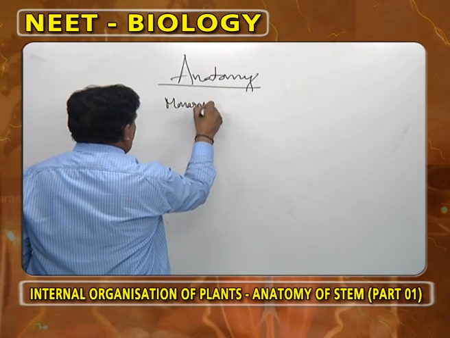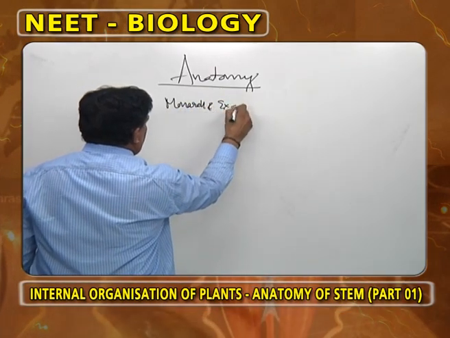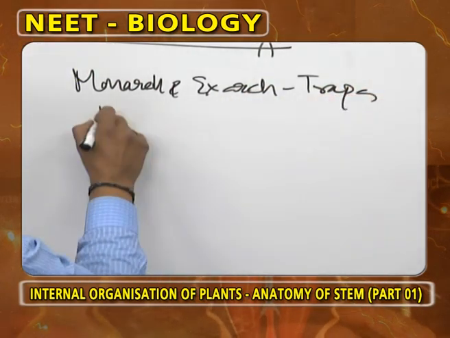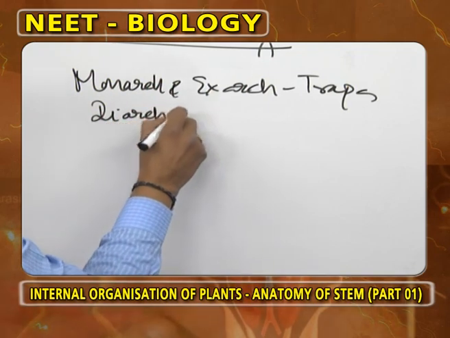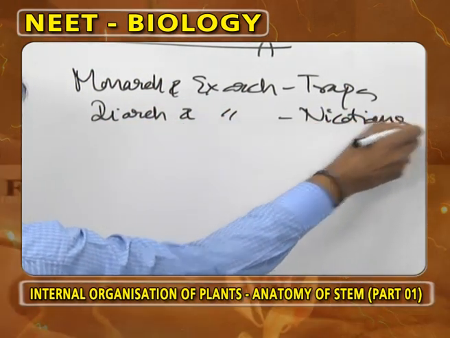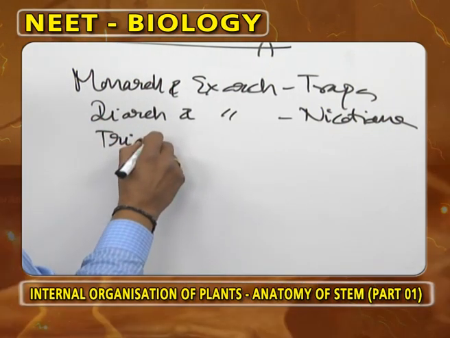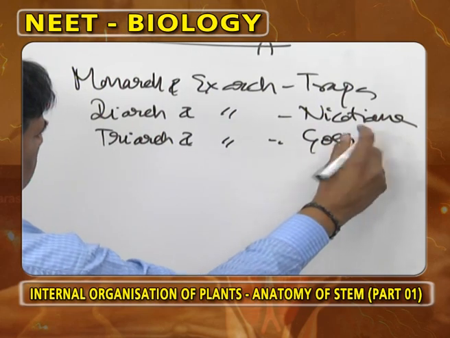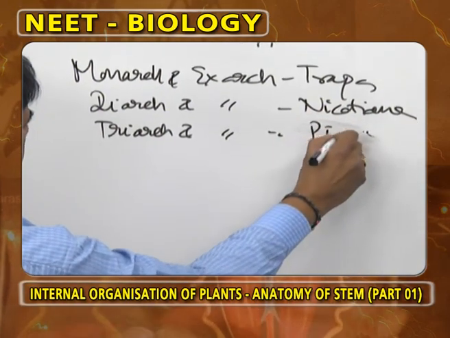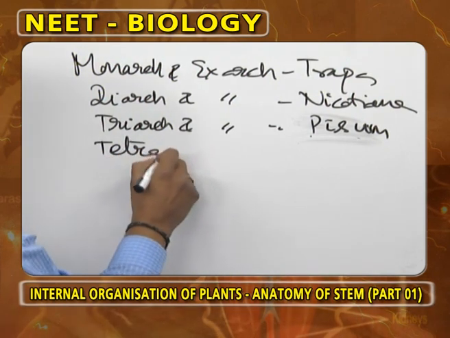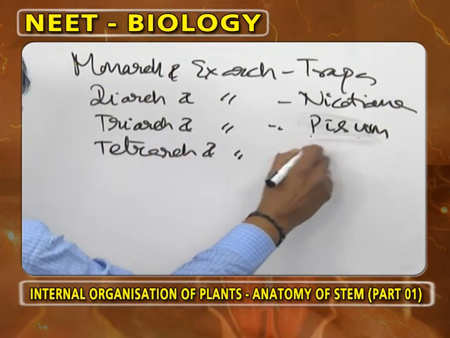Monarch and exarch, in dicot root it will come in Trapa. Diarch and exarch, Nicotiana. Triarch and exarch, Pisum. Tetrarch and exarch, it is Gossypium.